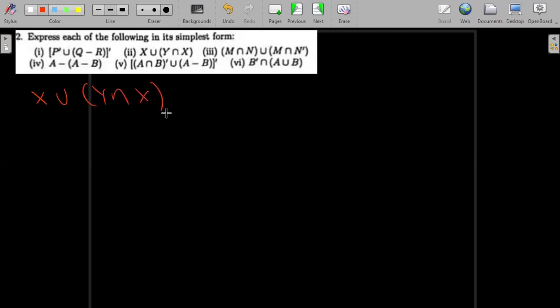This is what you have. Intersect there and union outside there. So how can you simplify this further? If you want to, you can expand, but that would help you to shade.